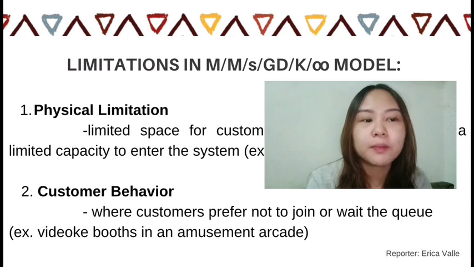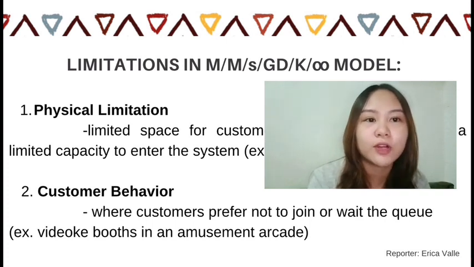And another example can be videoke booths in an amusement arcade or simply a car wash facility. Diba, it can only cater limited customers. So yung ibang customers, they don't want to wait. Therefore, they tend to leave and find another without even joining the queuing system.